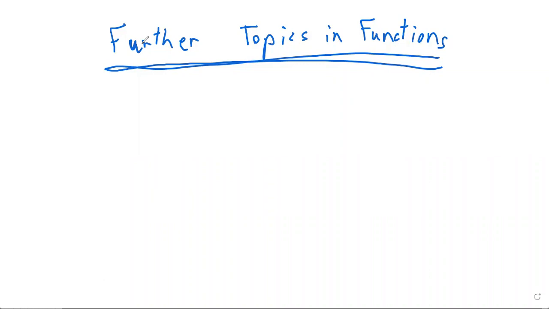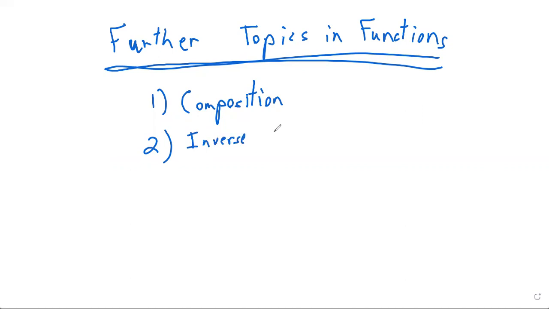So further topics and functions has 3 big ideas in it. Here are the 3 big ideas. One of them would be composition of functions. Composition, we'll talk about that. The second one is inverse functions, or inverses of functions. The inverses we'll be talking about are also functions themselves, of course.